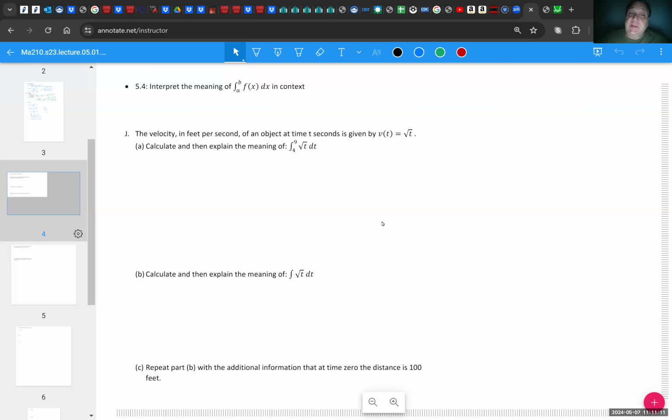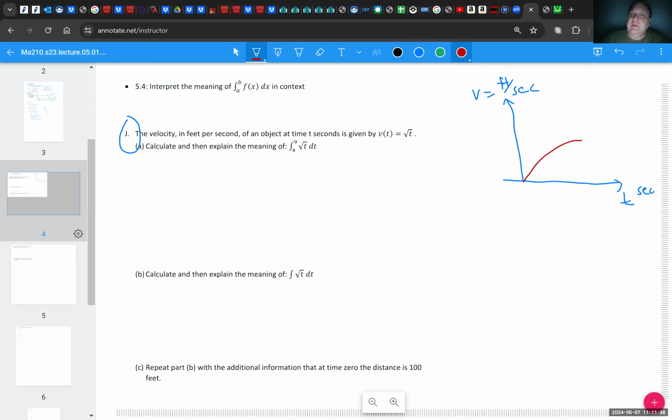So let's see a few examples. We'll start off with the classic example of velocity. So the output variable is velocity, which is measured in feet per second, and the input variable is time, measured in seconds. When we're finding the definite integral, we are looking at a curve.